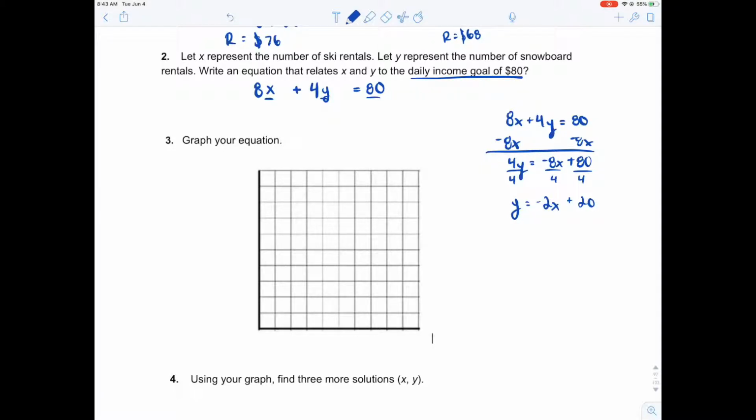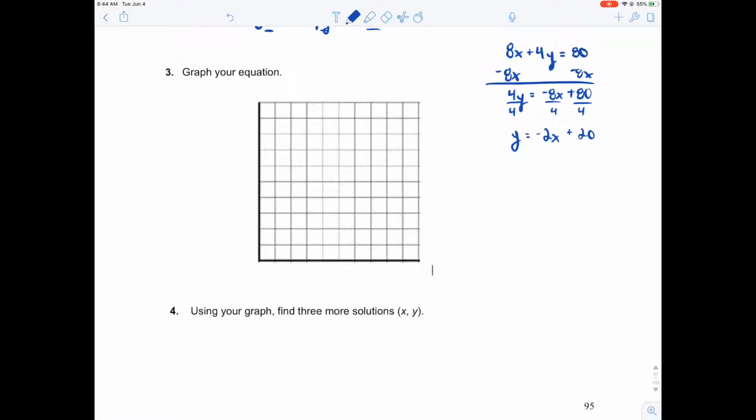All right, so now we can graph this. I'm just going to go up by 2's. How does that sound? So on my y-axis here, I'm just going to go up by 2's, each tick mark. So 2, 4, 6, 8, 10, 12, 14, 16, 18, and 20.